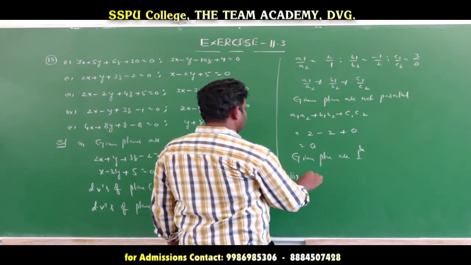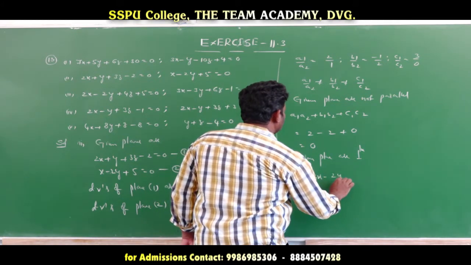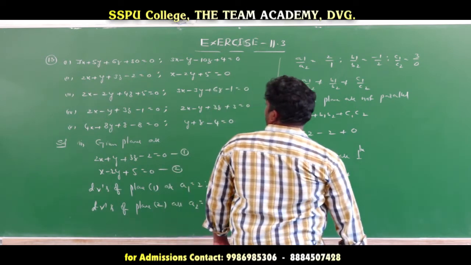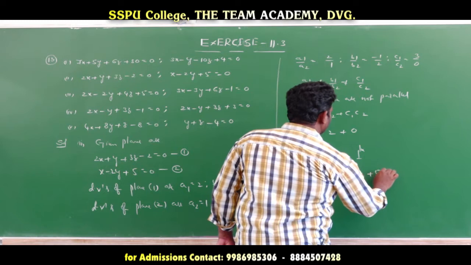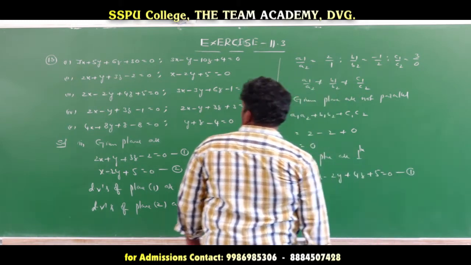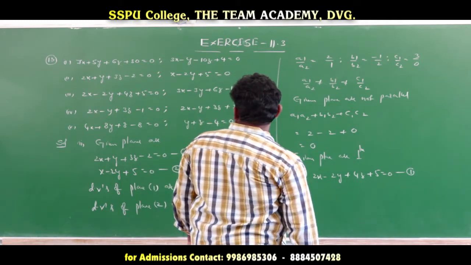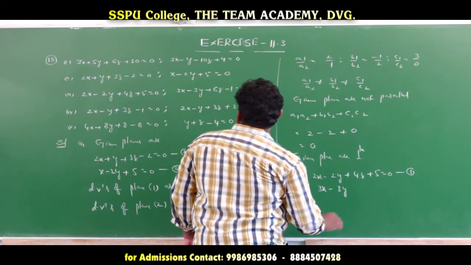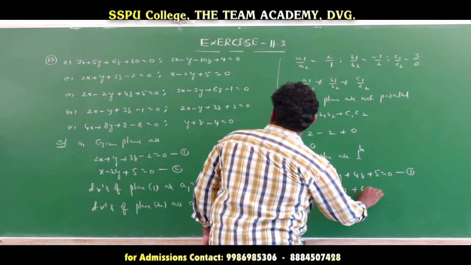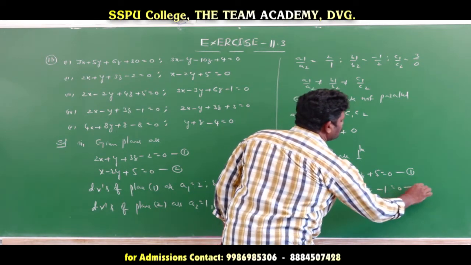Next, the third bit. What is given here? The planes are 2x minus 2y plus 4z plus 5 is equal to 0, and 3x minus 3y plus 6z minus 1 is equal to 0.